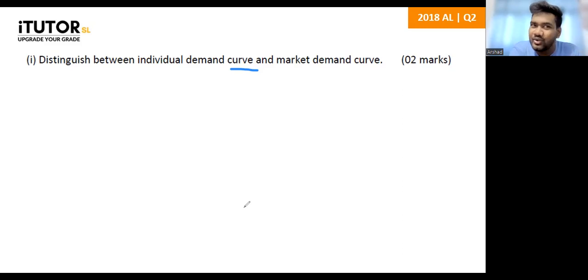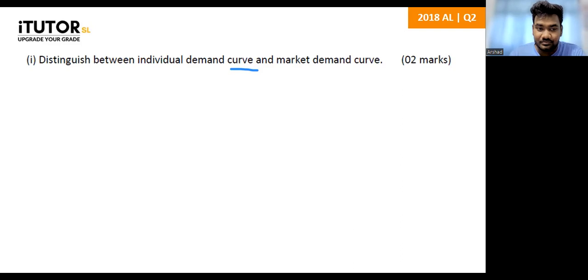That is what you need to explain. You don't have to explain too much, guys, because it's only a 2-mark question. Is that okay? Individual demand, one person's demand for one good. Market demand, everyone's demand for that one good. So market demand is the collection of all the individual demands.